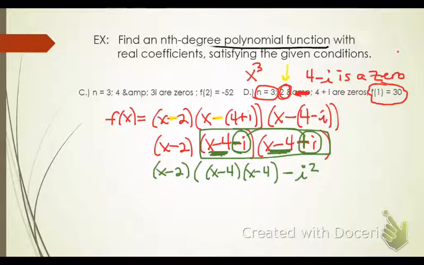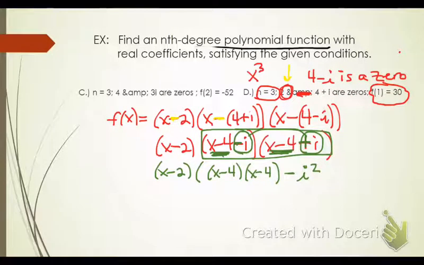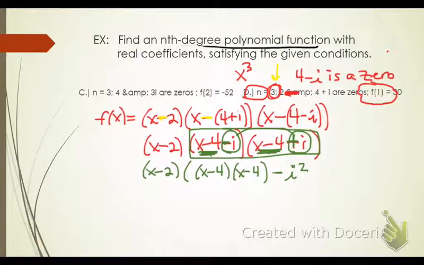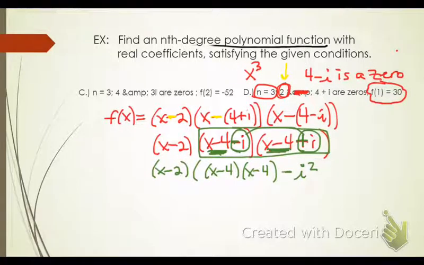We don't want those to cancel because we remember that i squared equals -1. So I'm going to change that i squared to a -1, which makes negative i squared a positive 1.